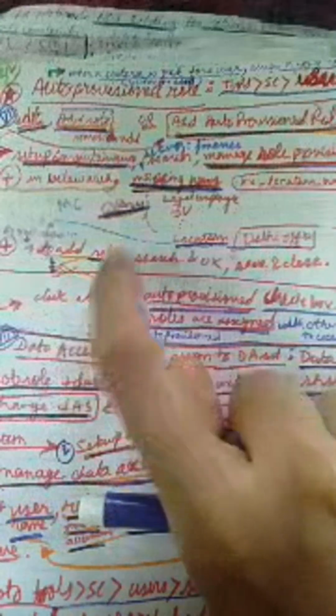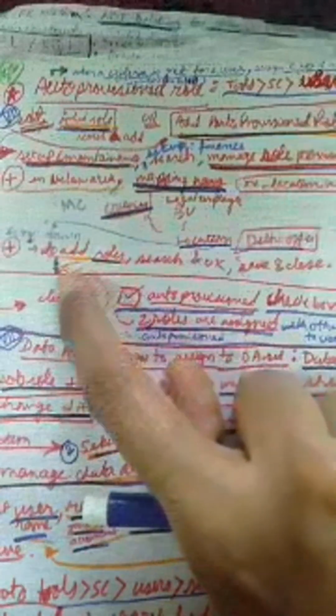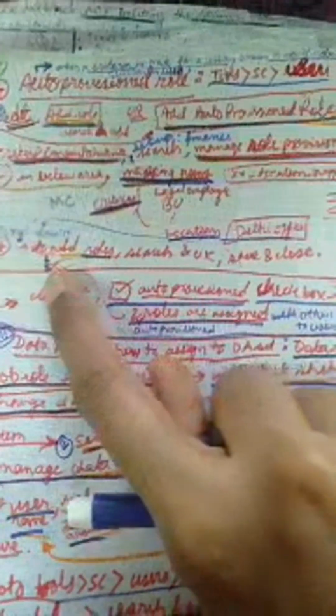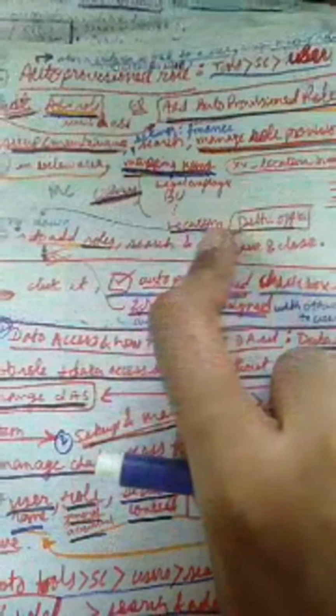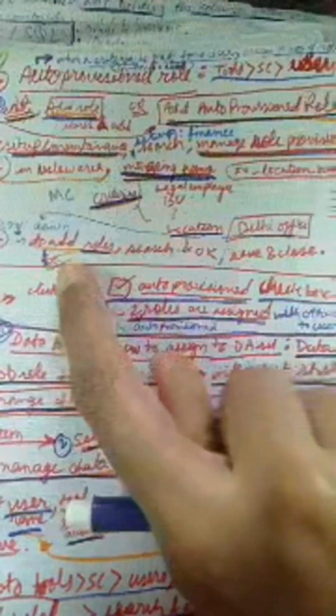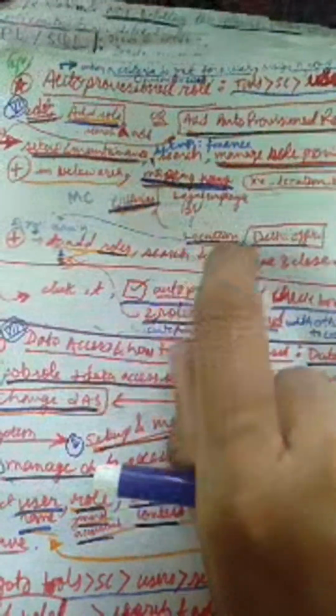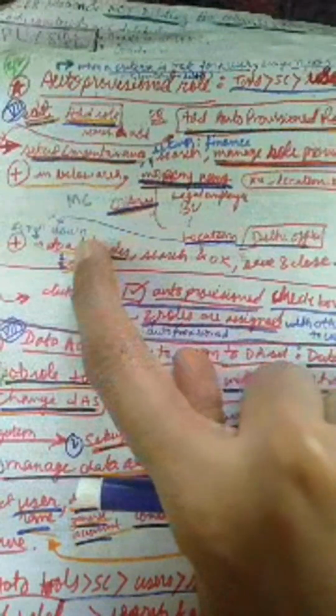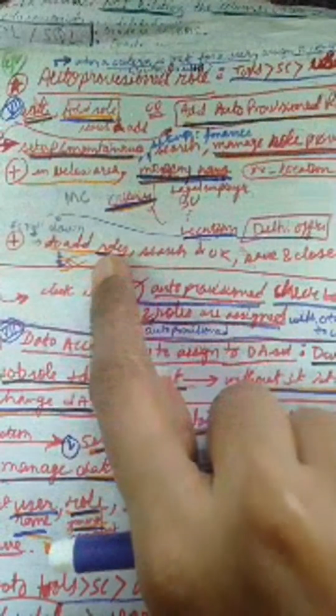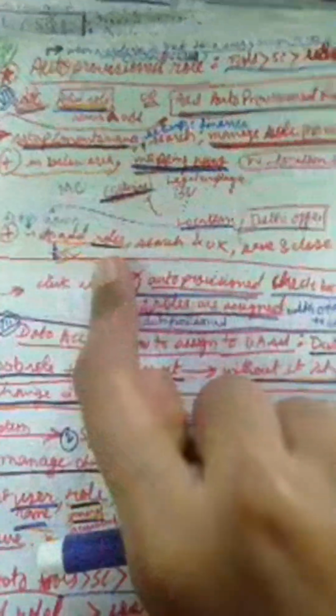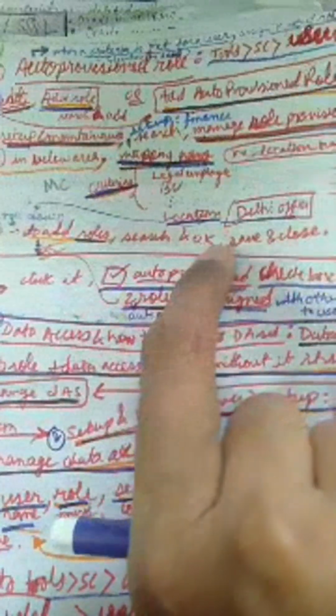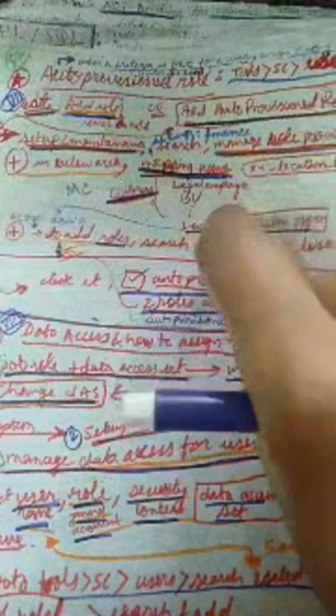Let's say I want to add 2 roles to the user who satisfies this criteria. We'll click on plus to add the roles, search the role names, click on OK, and save and close. This setup and maintenance part is done.